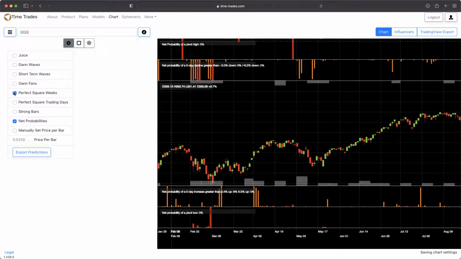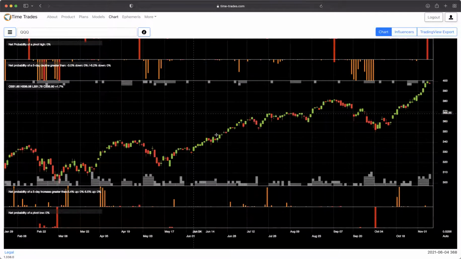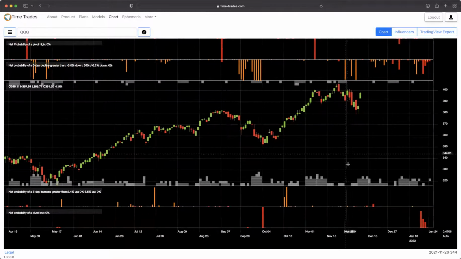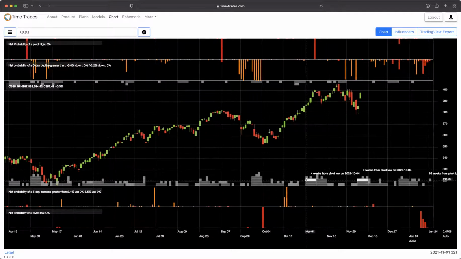And because Time Trades is automatically counting or identifying pivot highs and pivot lows, we are also counting the number of trading days and perfect square weeks since those lows. So we can turn that on. And now we've got some boxes on the screen, and we can mouse over these, and it will tell us what happened a certain number of weeks prior.